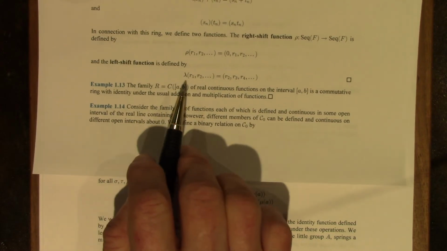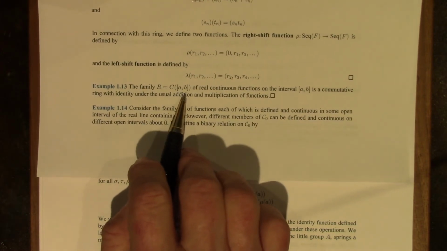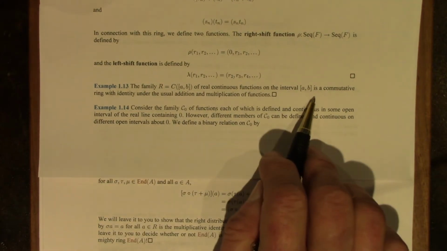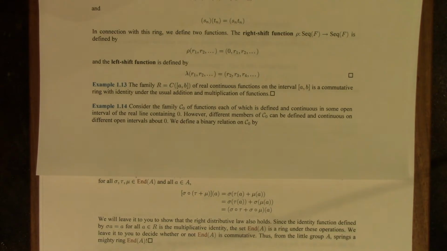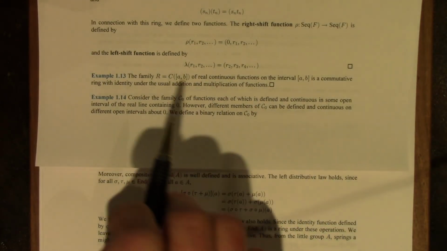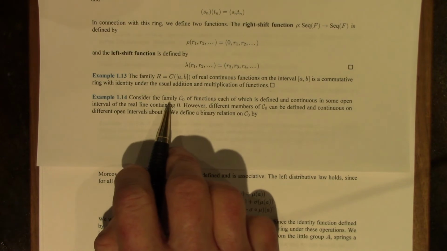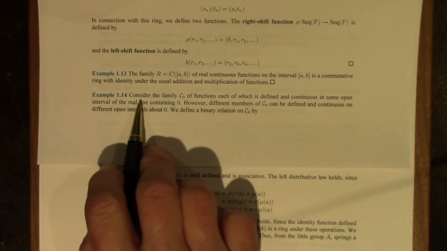The family C[a,b] of real continuous functions on the interval [a,b] is a commutative ring with identity under addition and multiplication of functions. Here's a more interesting example you may not have seen before.